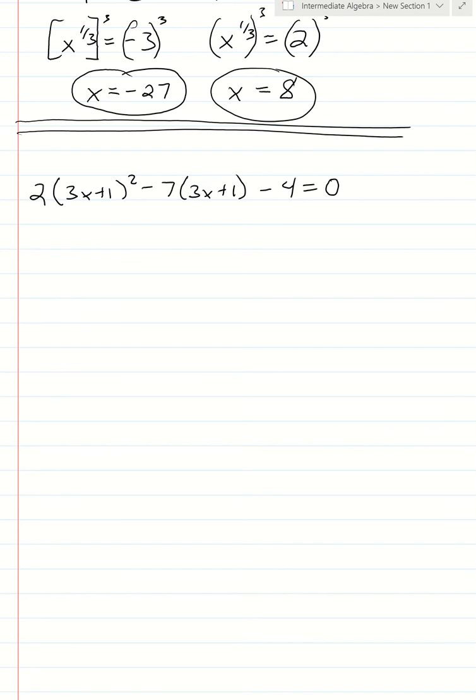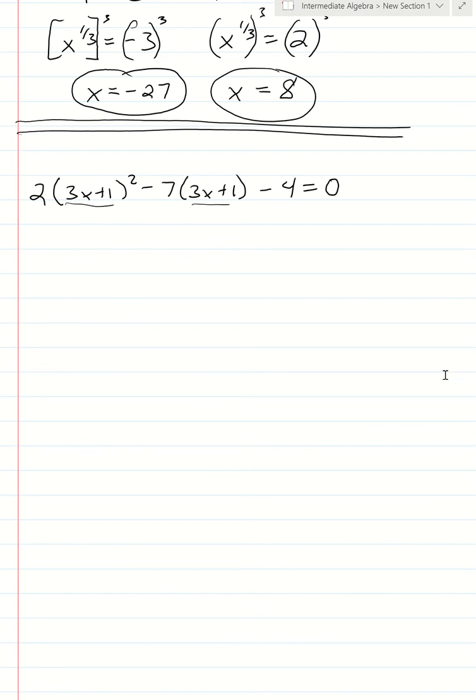Now, we're going to use the same substitution technique that we used in the previous problems, okay? Because let's take a look at this equation real closely. There's something I notice here that the first and the second term have in common: both have this 3x plus 1.